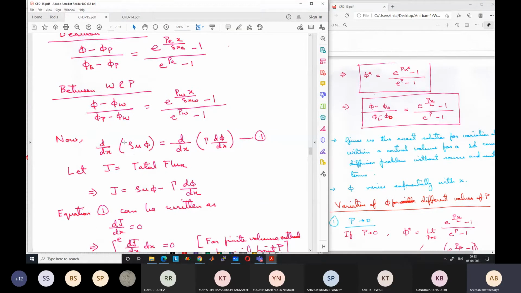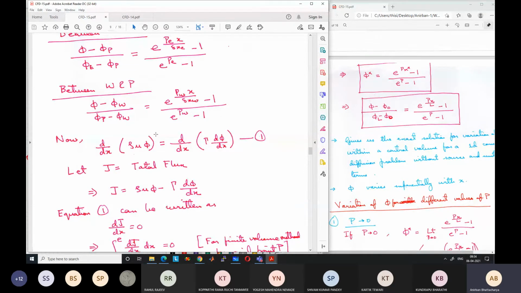d dx of rho u phi is equal to d dx of gamma d phi dx. Okay. If we define a term called J, which is the total flux, there are two types of flux. One is the advective flux, due to the velocity, and then there is a diffusive flux due to diffusion.